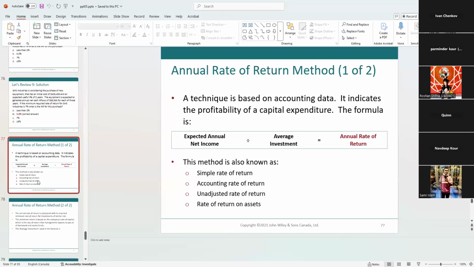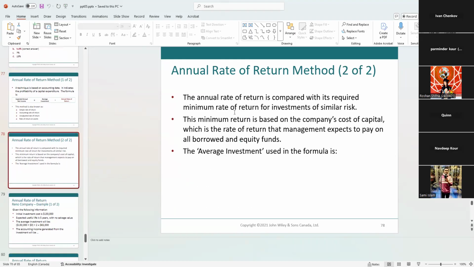Okay, let's go to the slides and finish those slides. So in this case, we're getting only 5%. The annual rate of return method, that's another method. That's based on the accounting data, and the annual rate of return is compared with the required minimum rate of return.